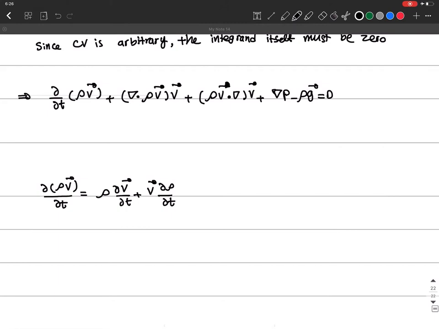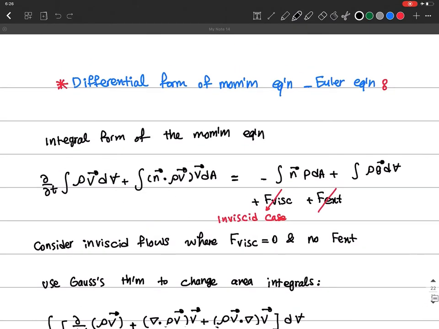And now I can rearrange the terms as follows. I can write the original equation as v partial rho over partial t plus, for this term, I'm going to write it as follows.